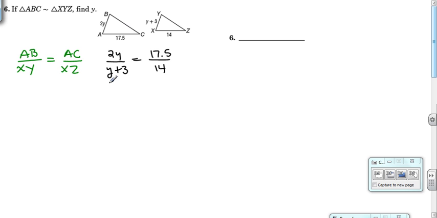Cross multiply, I would do 2Y times 14, and that would equal 17.5 times Y plus 3. So that's 28Y would equal 17.5Y plus, and 17.5 times 3 is 52.5.